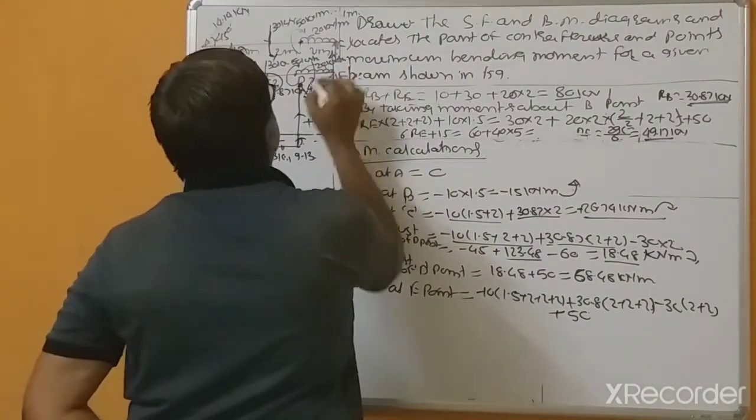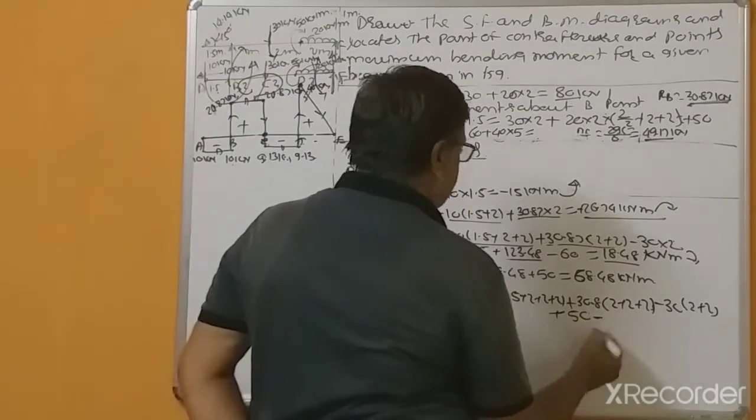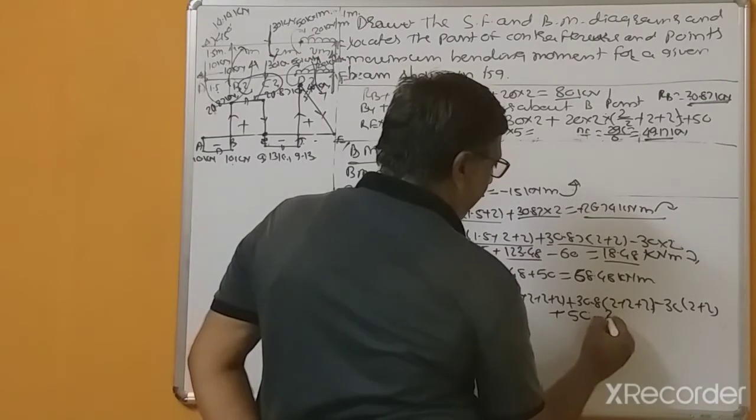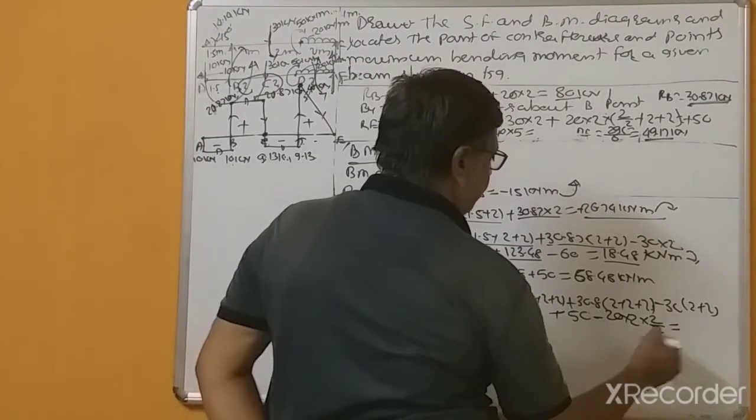Again this uniform distributed load, and this is anti-clockwise, so that's why minus 20 into 2 into half of its distance.